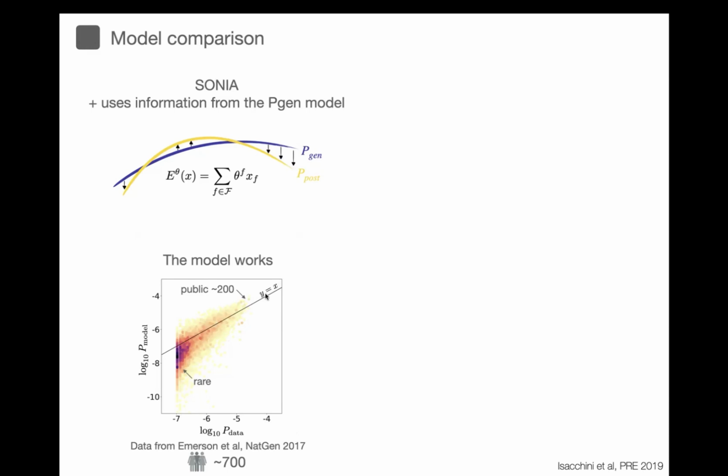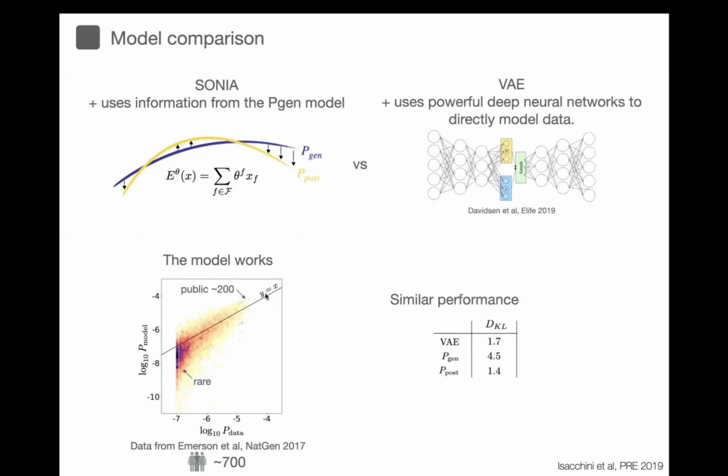And what we can do is compare to other, more neural network-based approaches to do the same kind of test. So for example, using a variational autoencoder, which uses this autoencoder architecture to then sample receptors and compute probability. In principle, they are able to be very flexible and get the whole distribution.